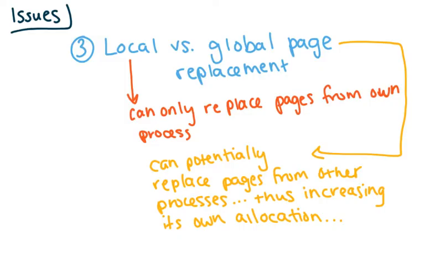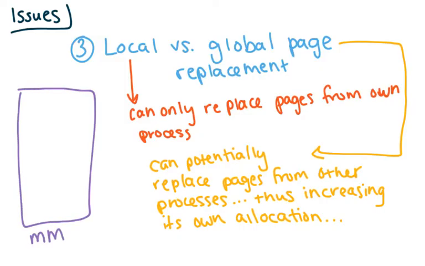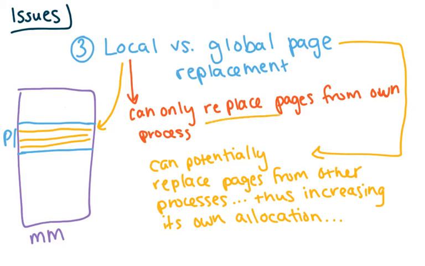So here, in local, this is main memory, I'm just going to say MM. If this is one process, this is what it's allotted, so this is process 1, is all it's allotted. In local replacement, if I need to page out something, or if I need to page in something, I have to choose from the space that was allotted to me. So I can only replace pages from my own process space.